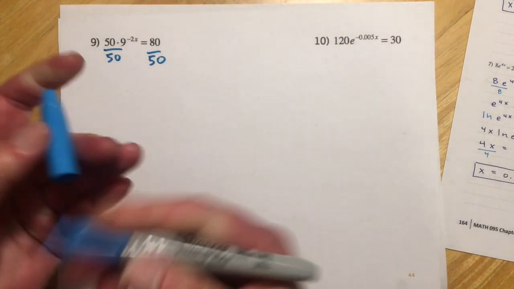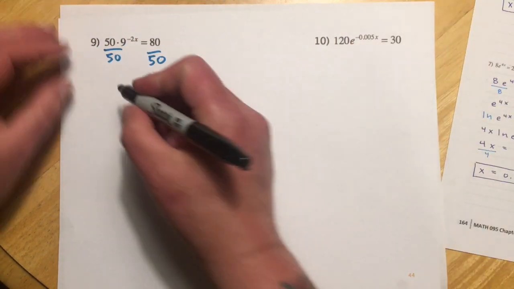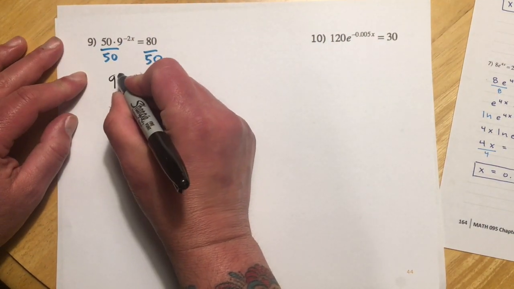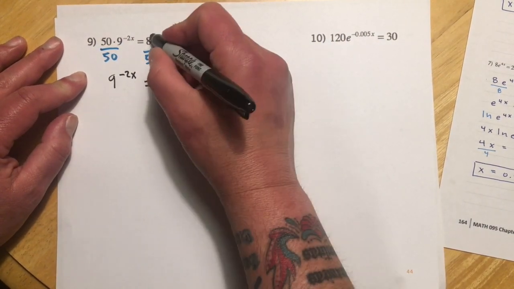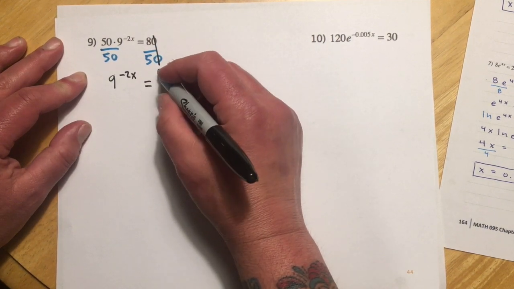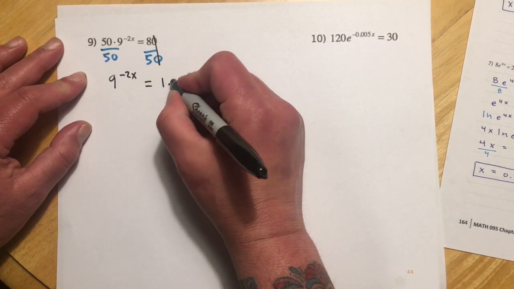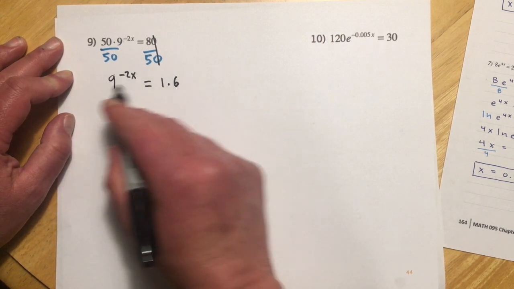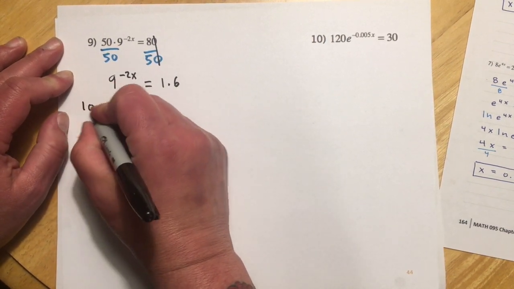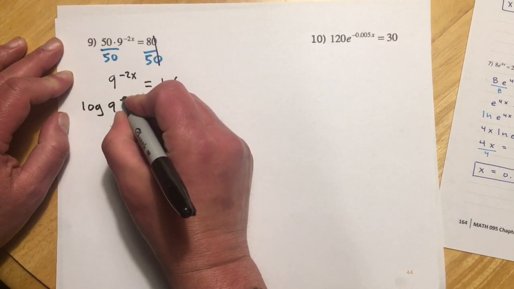And that's going to get us 9 to the negative 2x equals 8 over 5, so that would be 1.6. And no 10s or e, so we'll just log both sides. You could also natural log both sides, it wouldn't matter.